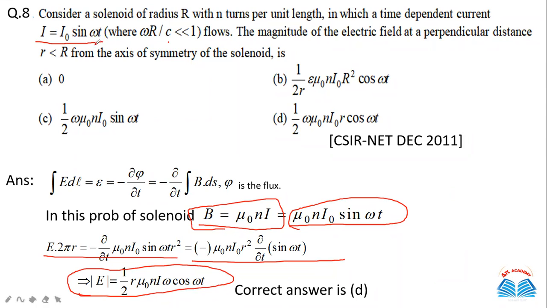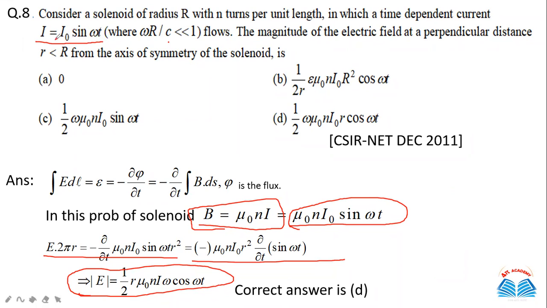We are given a solenoid of radius r having n turns per unit length, and there is a current which depends upon time. Why do we say that it depends upon time? Because there is a time term, sin omega t.